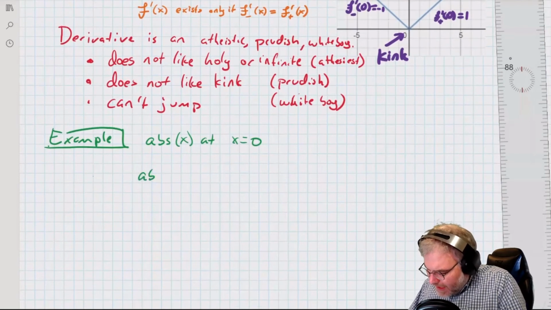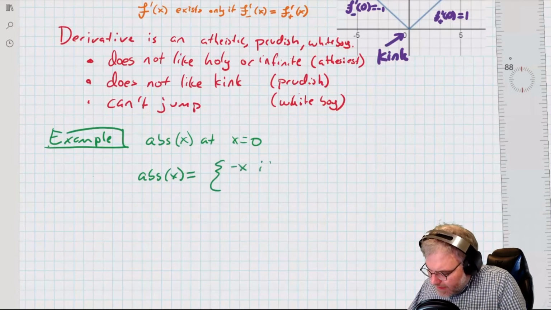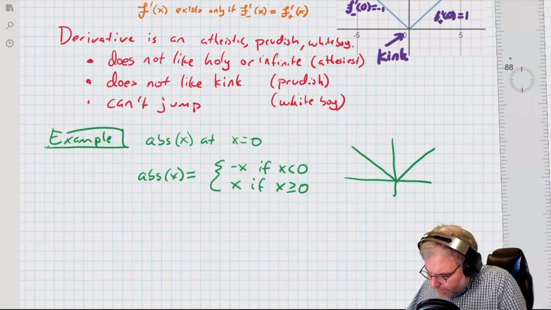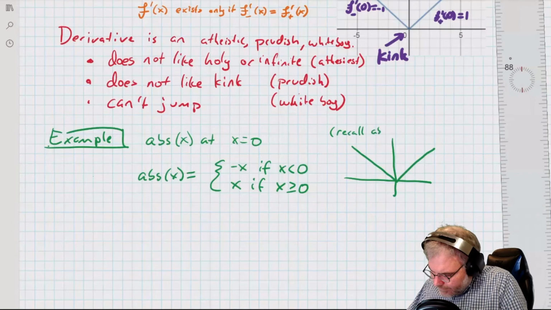Remember that ABS of x equals negative x if x is less than 0 and x if x is greater than or equal to 0. So it looks like this. That's our glorious absolute value function. All right.